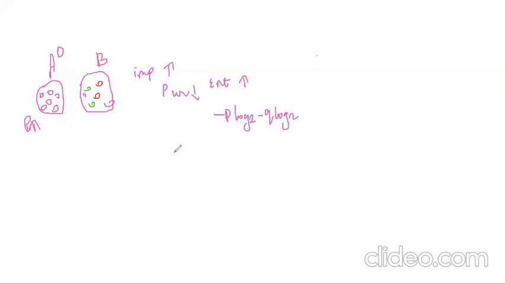That means the formula of information gain is the entropy of the parent node minus the average entropy in the child nodes. Okay, this is the formula.